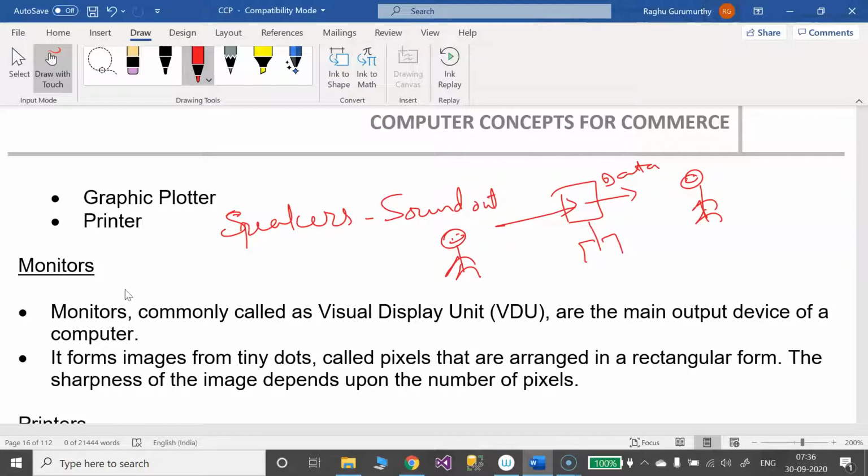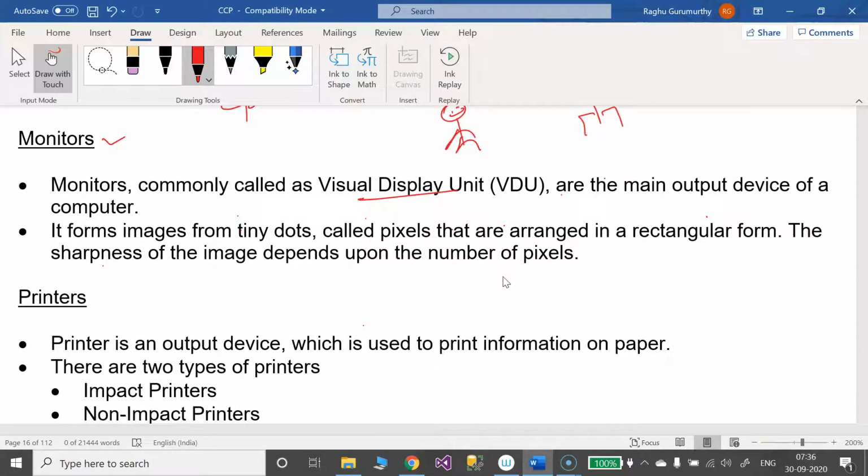So if we come to the monitor, we may call it a visual display unit. So these are output devices. See how the images are formed on a monitor: through tiny dots called pixels that are arranged in a rectangular form.